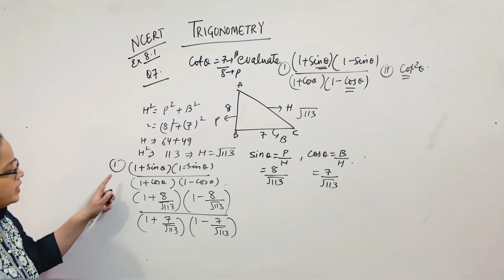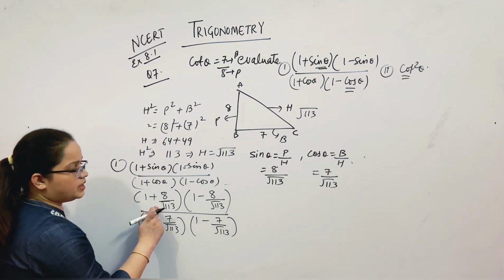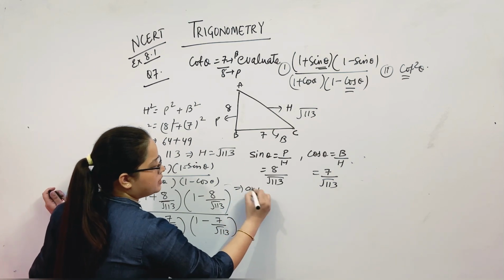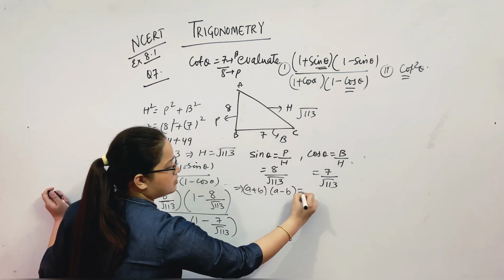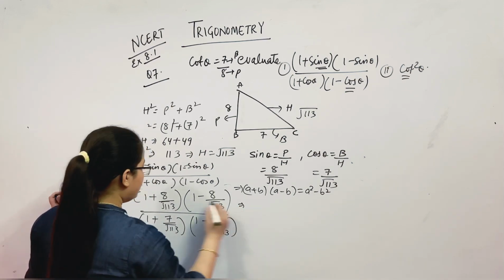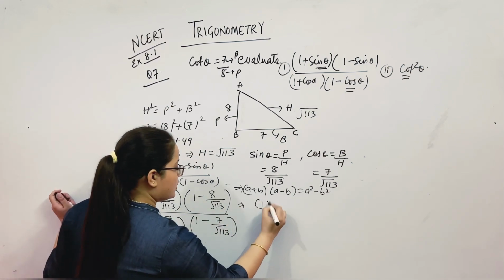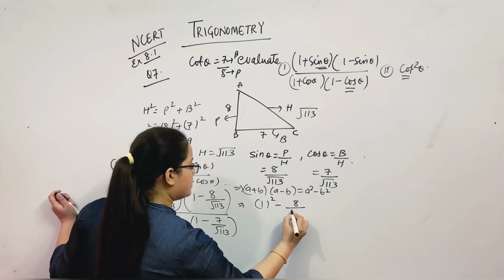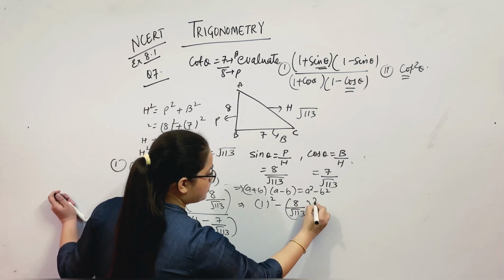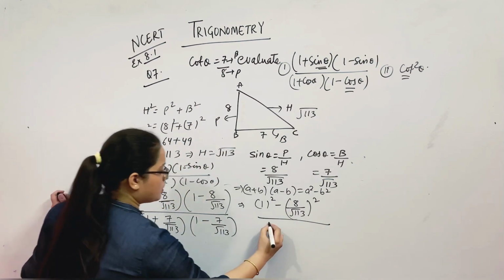Okay, so it becomes of the form (a plus b)(a minus b). Since we know (a plus b)(a minus b) becomes a square minus b square, it will become 1 square minus (8 over root 113) whole square. Similarly, I got this.